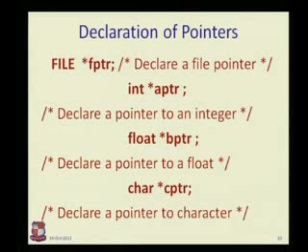So this is now FILE star fptr, declaring a file pointer. Another example I have taken is int star aptr. That means it is declaring an integer pointer. For an integer definition, we do not put a star. I can directly define int a. But when I go for a pointer, I declare int star aptr.